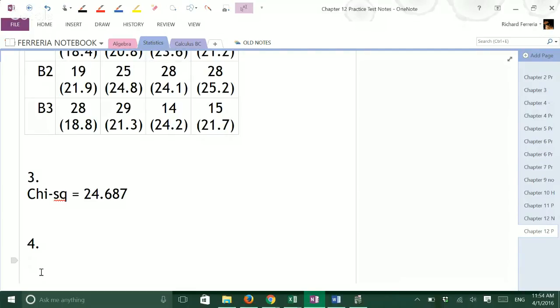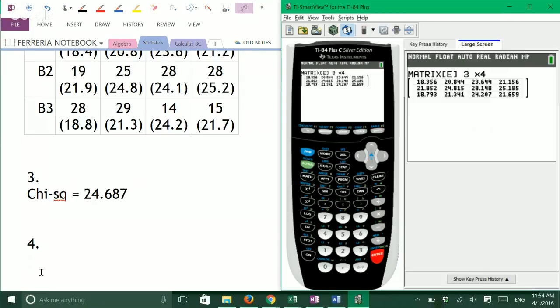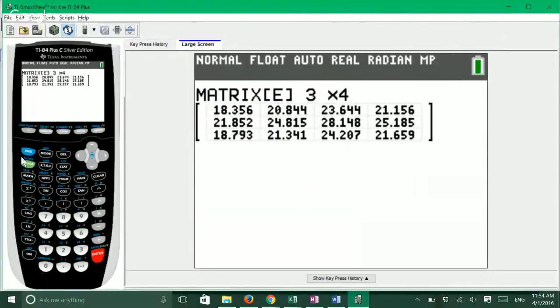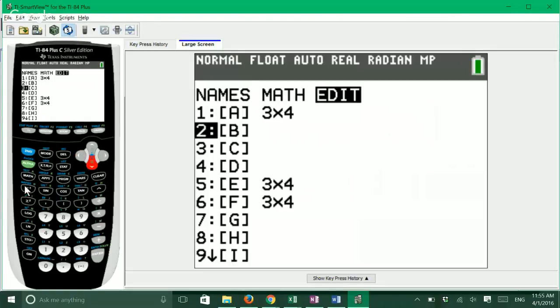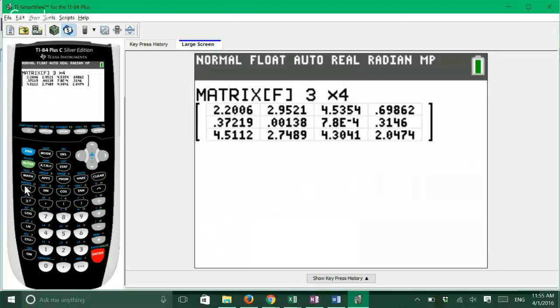Okay. Let's go back to the calculator and take a look at matrix F. Again, it's easier to go edit. When you look at matrix F, these are the contributions of each individual cell to the chi-square test statistic.